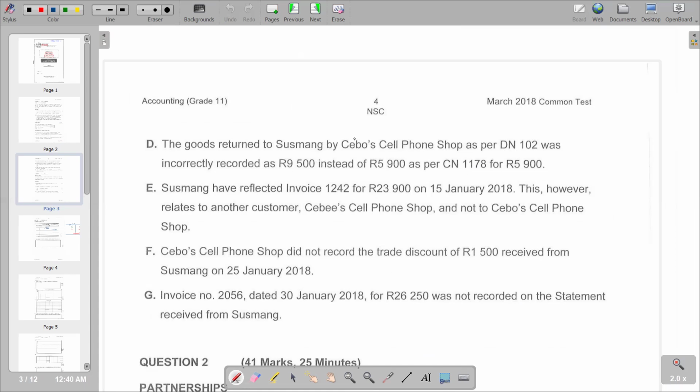We can also try to understand that this one is a debit note, this one is a credit note. A debit note is issued by the customer, the credit note by the supplier.